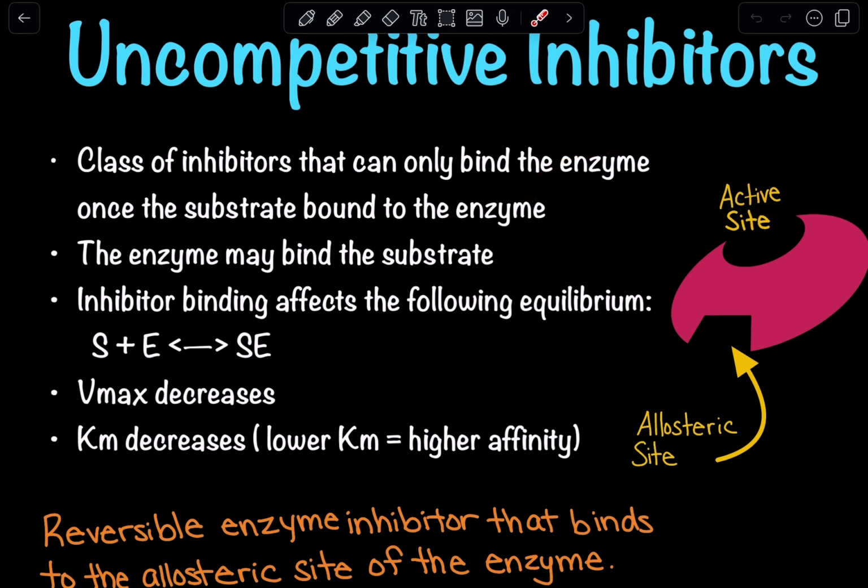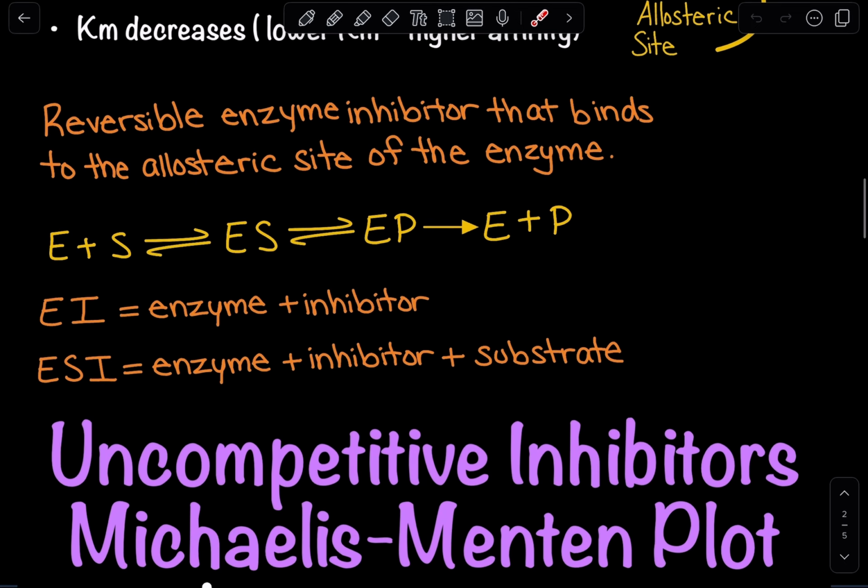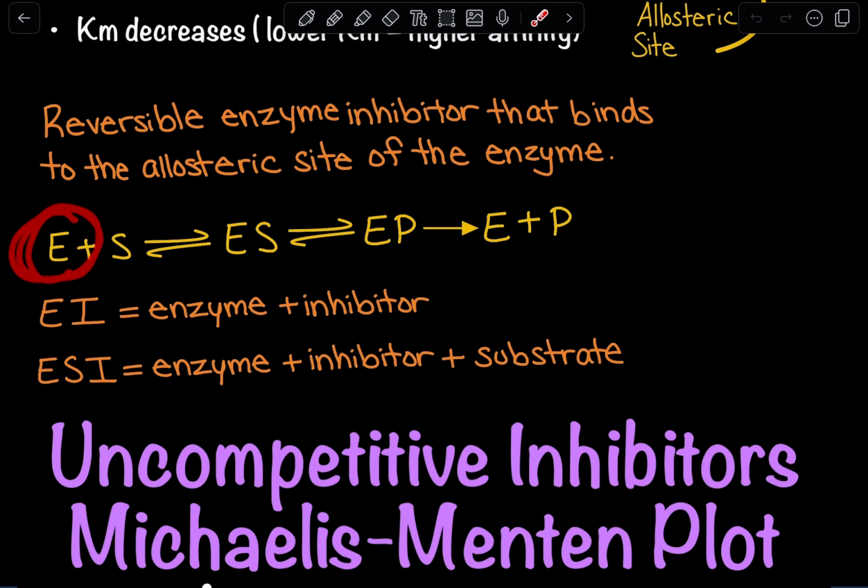For non-competitive inhibitors, they are binding to the allosteric site. Now, the key distinction between uncompetitive inhibitors and non-competitive inhibitors is that non-competitive inhibitors can either bind the enzyme by itself, or the non-competitive inhibitor can bind the enzyme substrate complex. So it can bind either or.